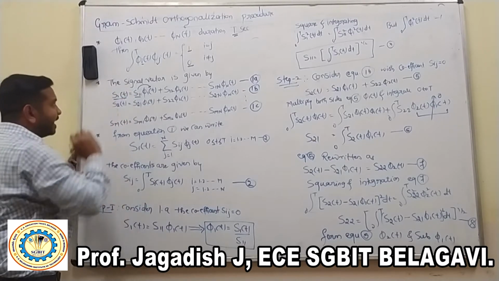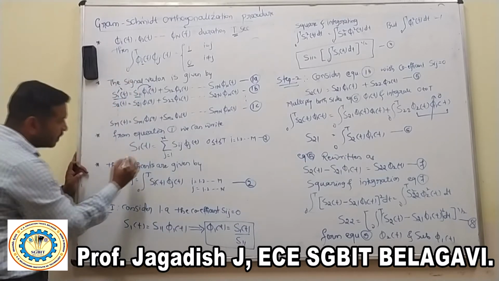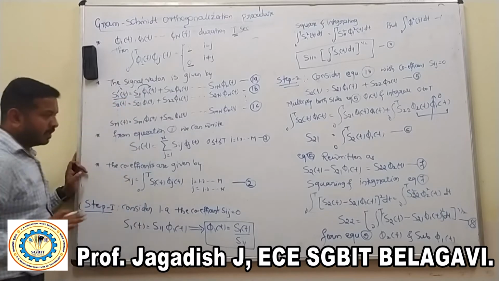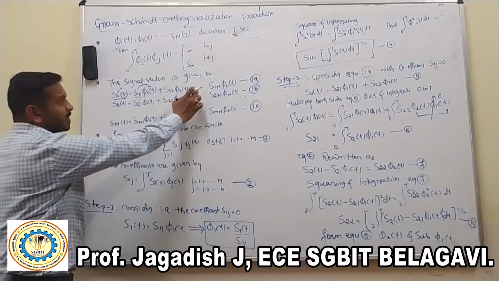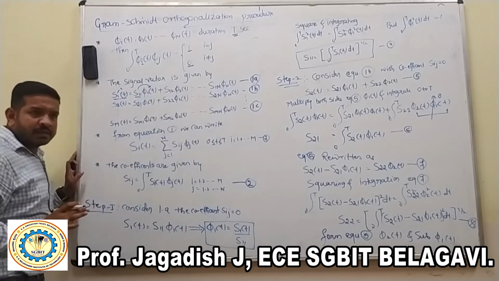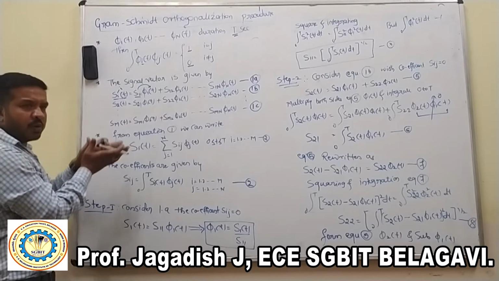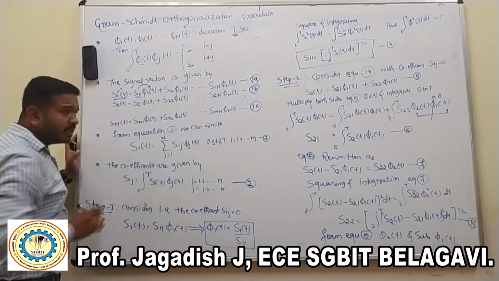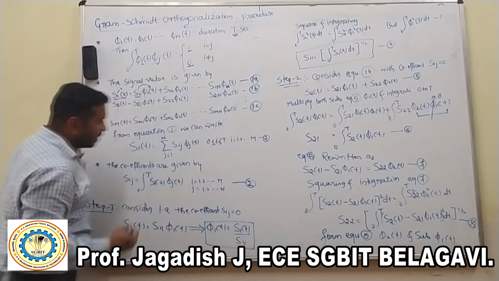Instead of writing S1 of t, we define the variable i, so it means Si of t. In equation number 1, it is in extended form. This we have to compact, or represent in summation form, in terms of the variable n.